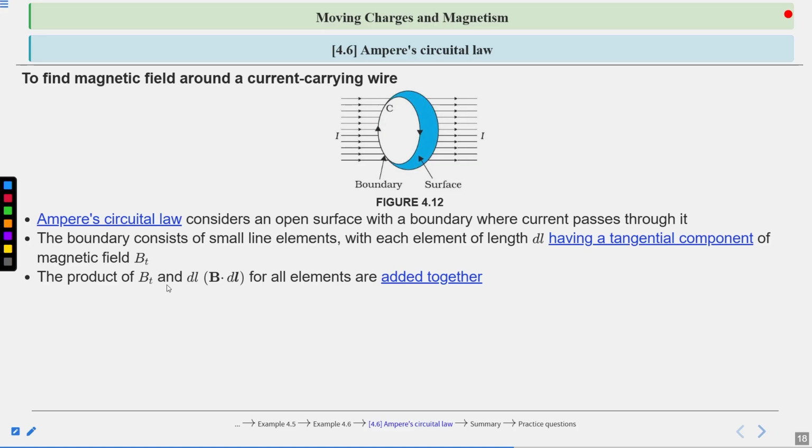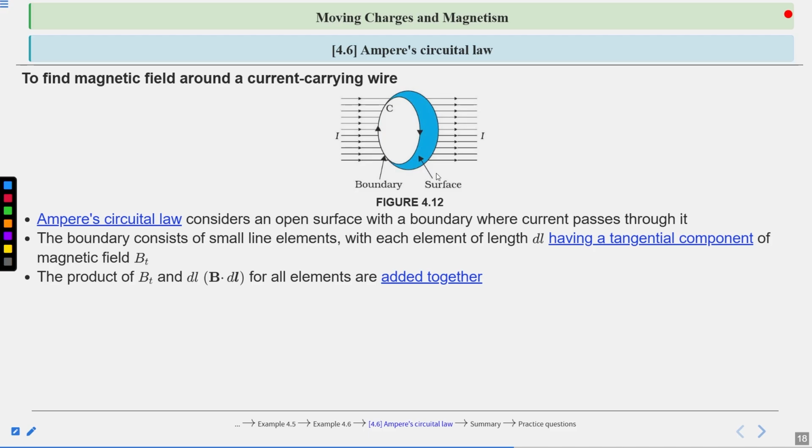The product of B_t and dl, that is B dot dl, for all elements is added together. The flowing current will produce the magnetic field. So the product of this magnetic field and this small element dl, that is B dot dl, for all the small elements on this boundary, will be added together.